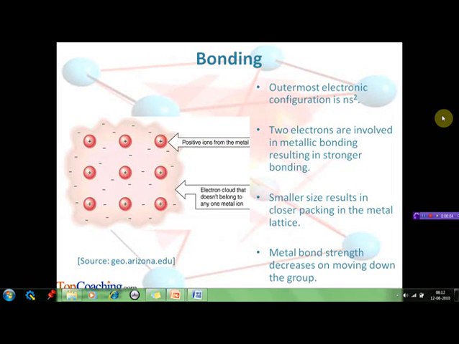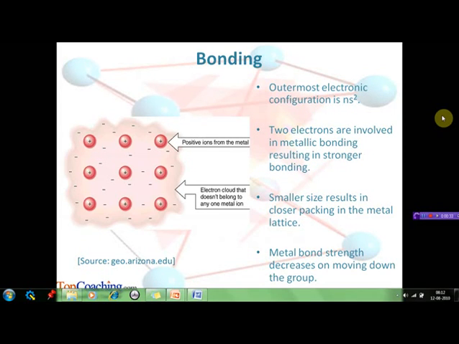The alkaline earth metals have 2 electrons in their outermost valence shell. Since 2 electrons are involved in metallic bonding as per the electron sea model, which was suggested by Lorentz, the metallic bond formed is stronger as compared to that in alkali metals, because if you can recall, in alkali metals a single electron was present in their valence shell which participated in metallic bonding.